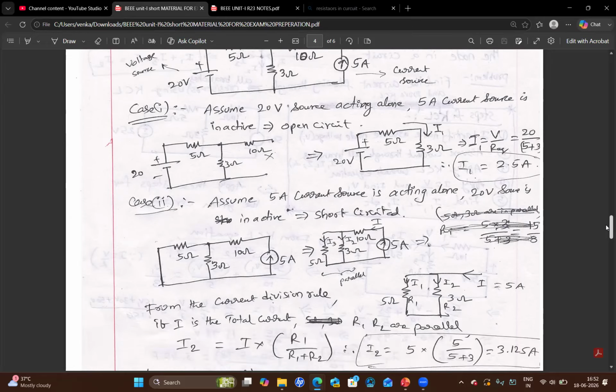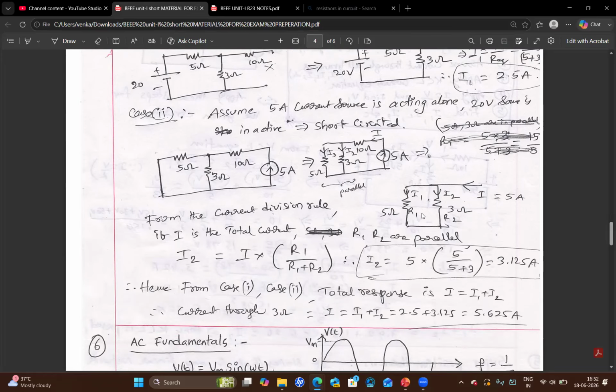According to the current division rule, we need to find the current flowing through the 3 ohm. If I is the total current, the current flowing through a resistor is equal to the total current times the opposite resistance divided by the total resistance.